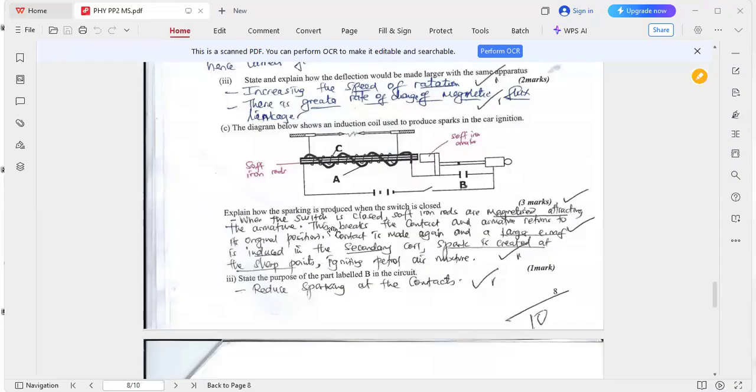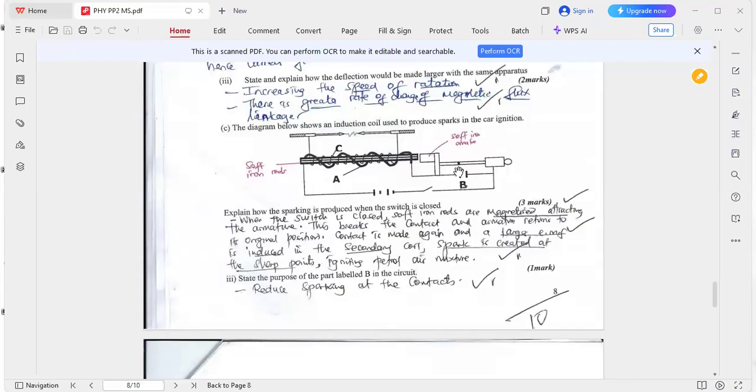But what you need to say is when the switch is closed, the soft iron rods are magnetized. The soft iron armature is attracted to the electromagnet, breaking the contact. So during that process of breaking the contact is when we have current dying off. After that, you say the current dies off from maximum to 0.